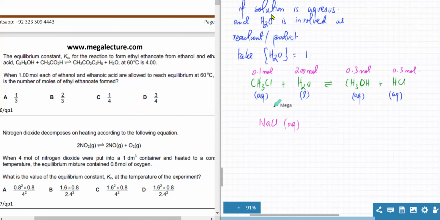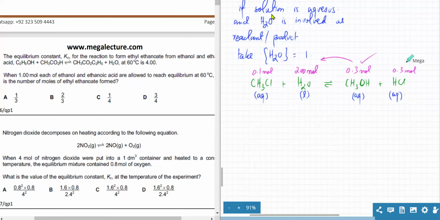So the point is, whenever you have an aqueous solution, that means you have a lot of water. And when you have water in large excess, its concentration almost becomes constant. Just imagine the equilibrium completely shifts to the left.